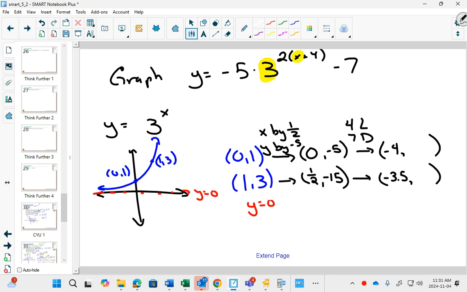And 7 down will give me -12 and -22. What's going to happen to my asymptote? Well, multiplying is not going to affect it at all, because it's at 0. The only thing that's going to affect it, because it's a y value, is if you move it up or down. Since we're moving down 7, our asymptote is now going to be at -7.